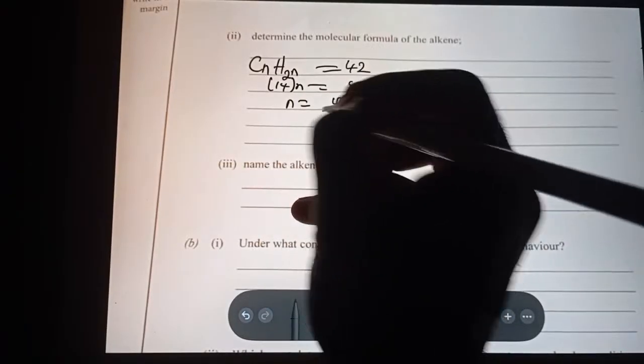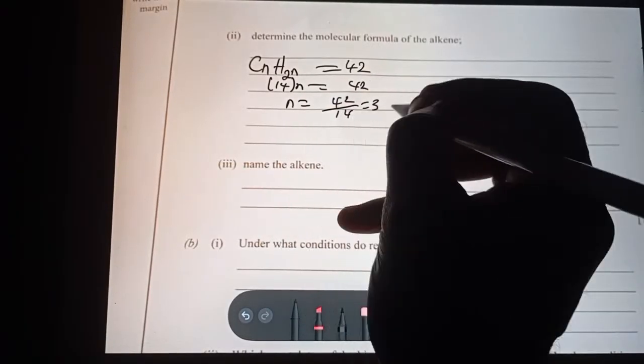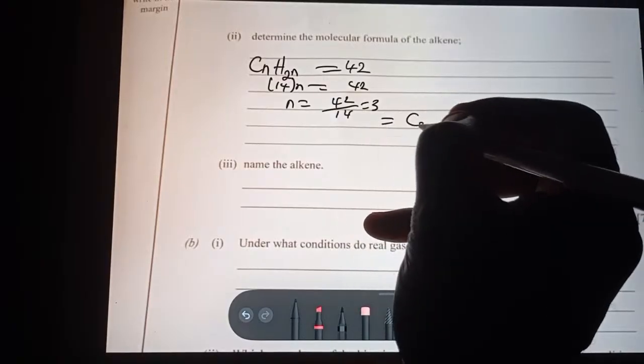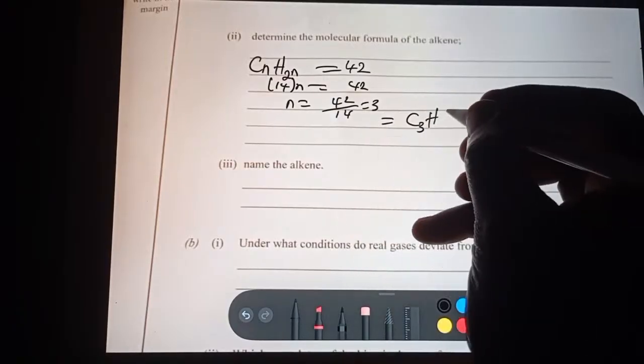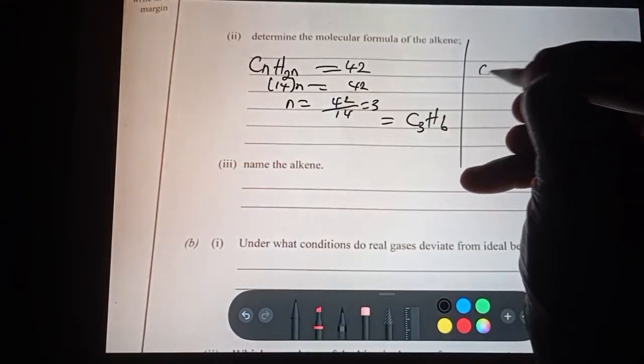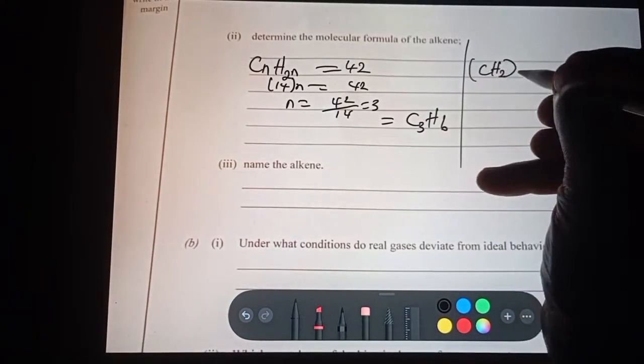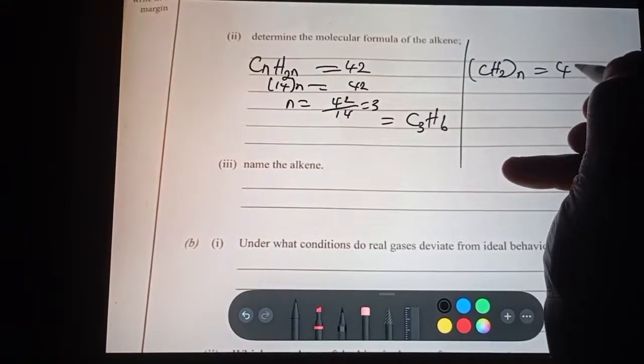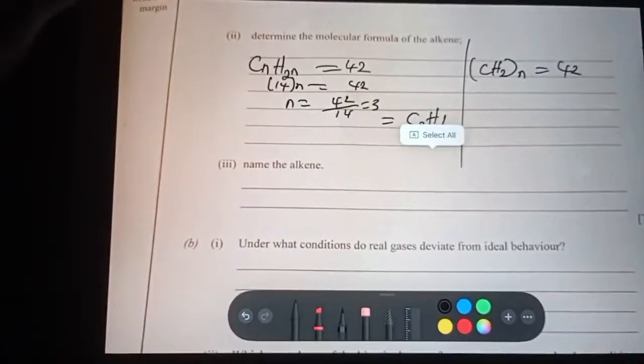That means 14(n) is equal to 42. So n here is 42 divided by 14, giving you 3. The empirical formula is C3H6. Alternatively, you can just go straight and say CH2, which is the empirical formula, equal to 42. You still land at 3.